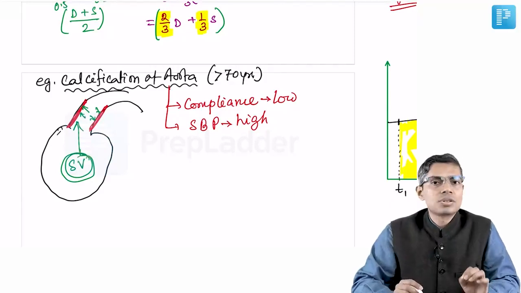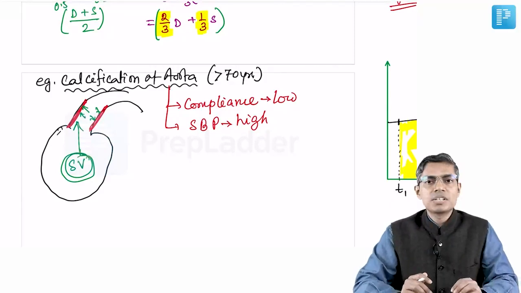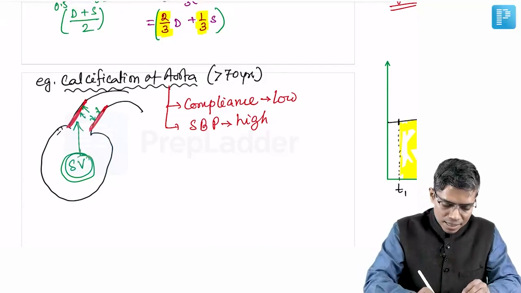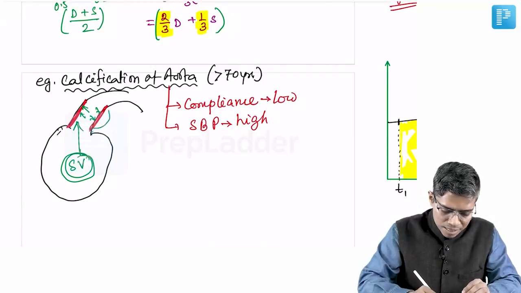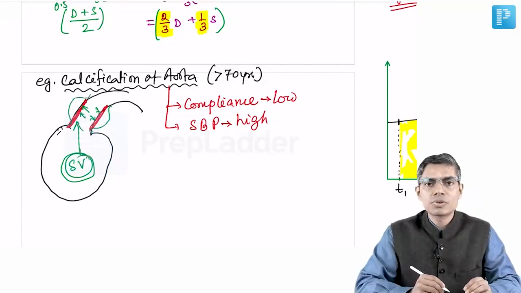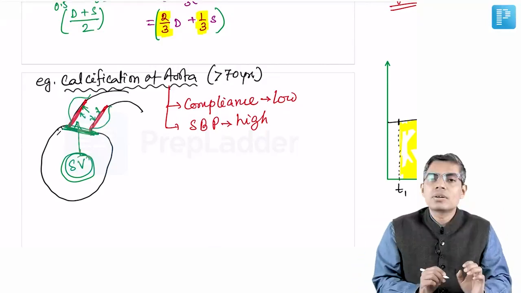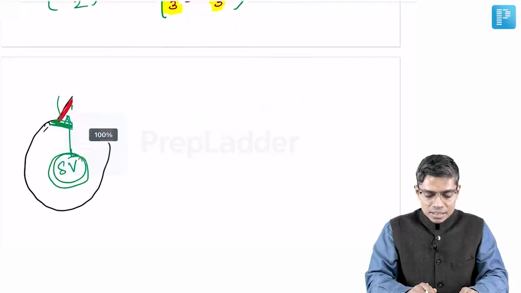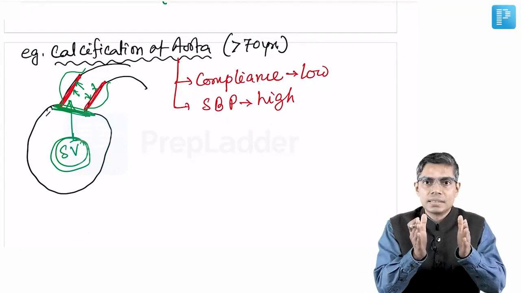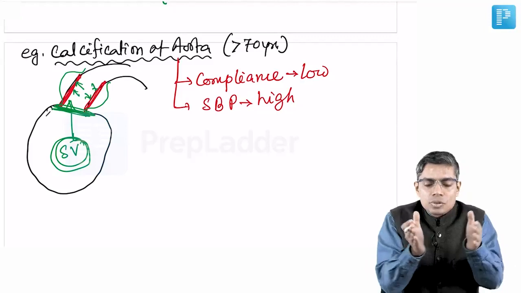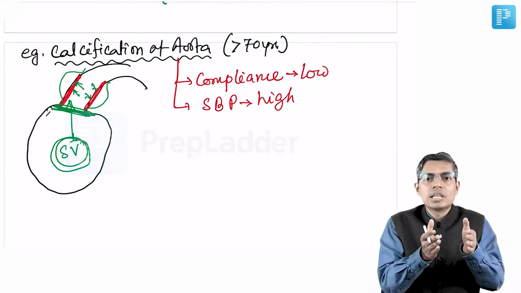Now think of diastolic blood pressure. I told you that whenever stroke volume is ejected, this arch of aorta will be expanded during this ejection of stroke volume, and then it will recoil back whenever your semilunar valves are closed. But in this condition, the arch of aorta is calcified and it is not able to expand. So if it is not able to expand, how will it recoil back?